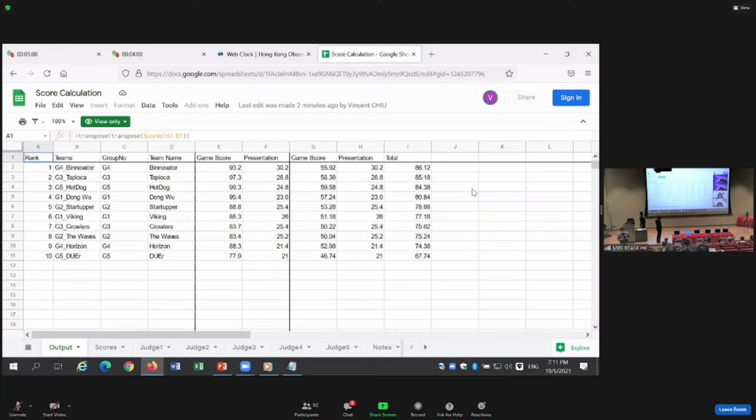The first runner-up is Paprika Milk Tea Company from Taiwan, and the second runner-up is Hot Dog from Taiwan too. Actually, the score is very tight between the first and the second: 86.12 and 85.18, so it's less than 1 point of delta.